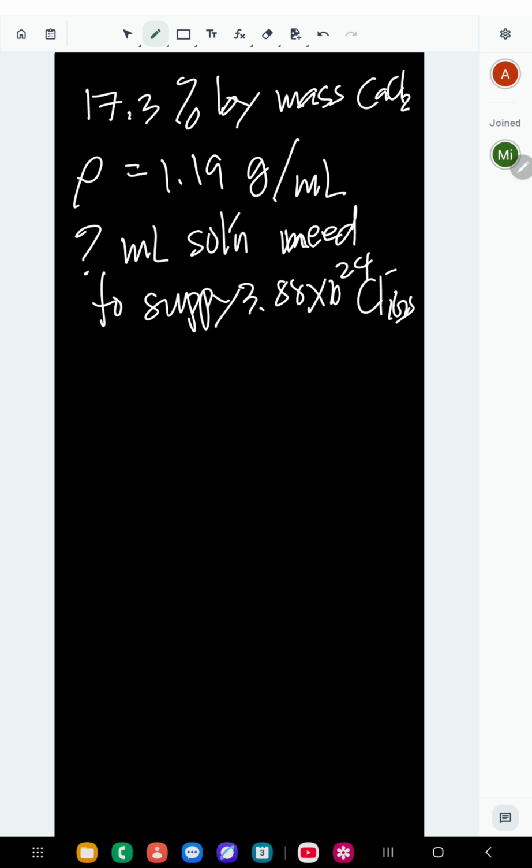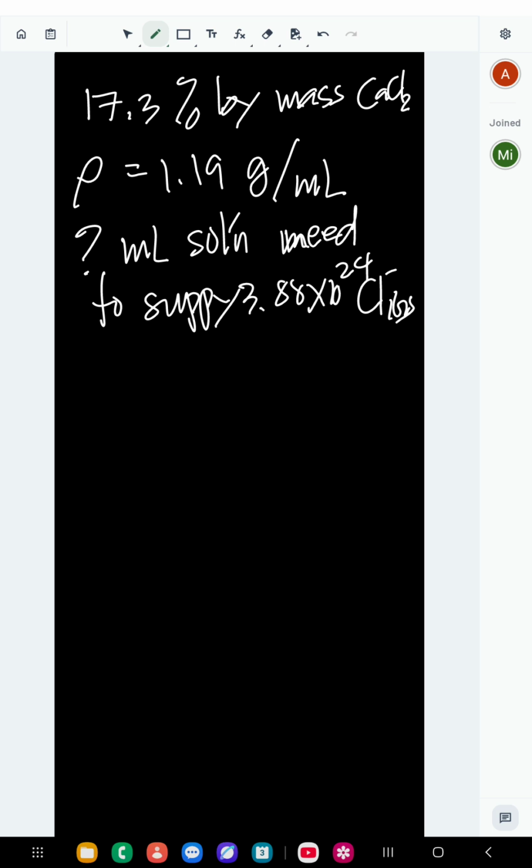All right, so in solving problems like this, you need to take note of the given values. So we're given here 17.3% by mass calcium chloride, the density, and the number of ions, 3.88 times 10 to the 24th chloride ions.